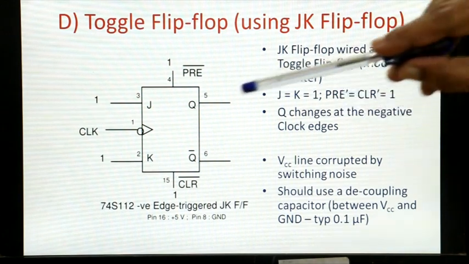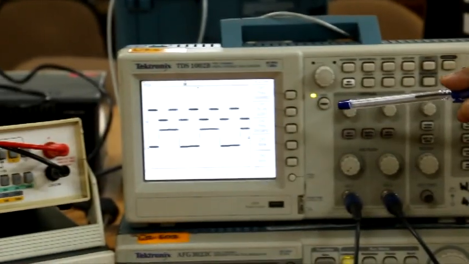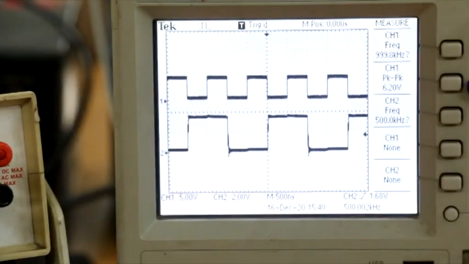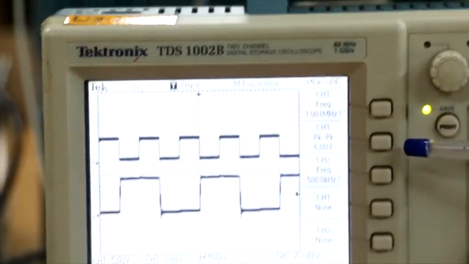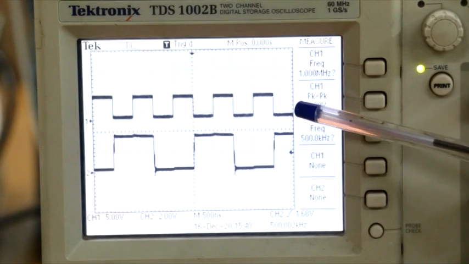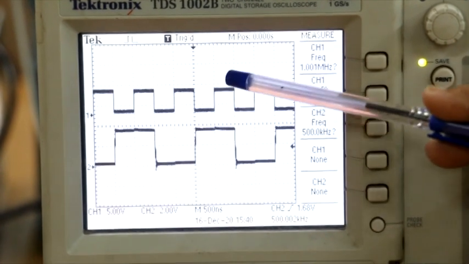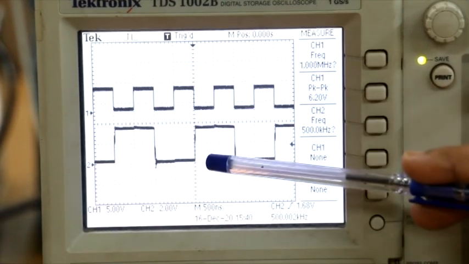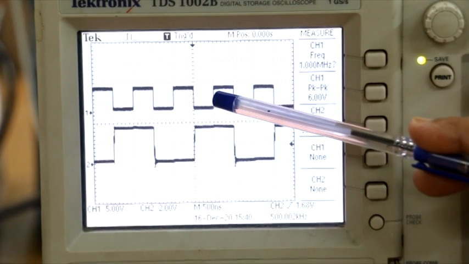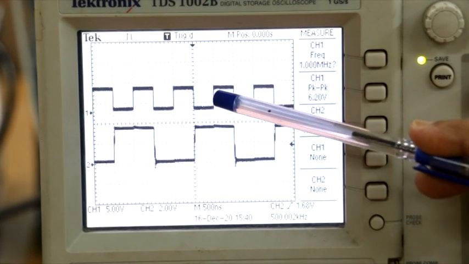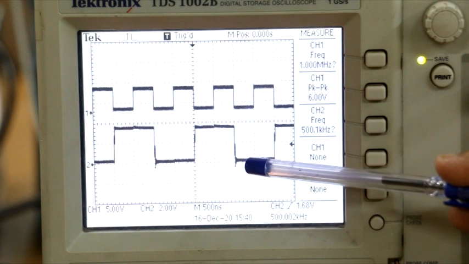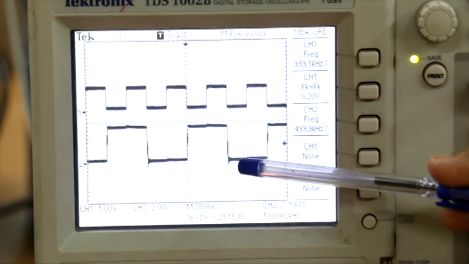So let us see the waveform which we are able to see on the DSO. Right now the clock frequency we have chosen is 1 megahertz. What you have on the top is the clock input, and what you have on the bottom is the output of the JK flip-flop, 74S112.